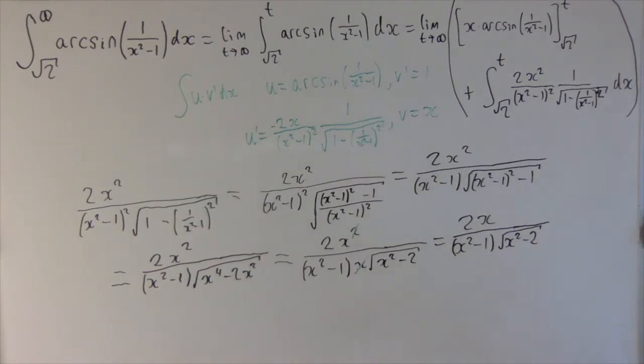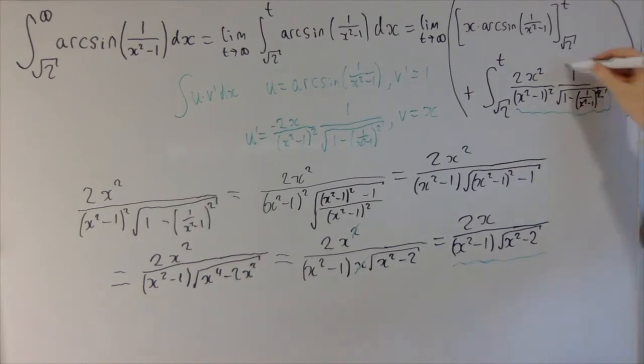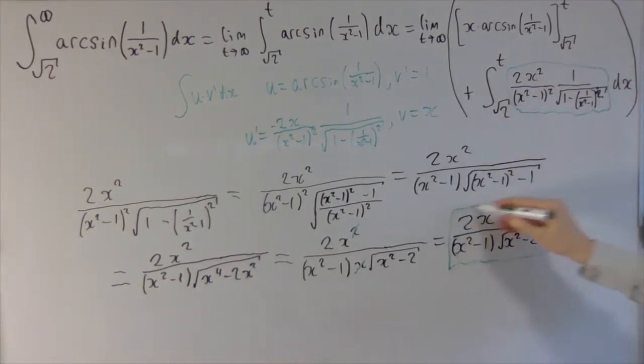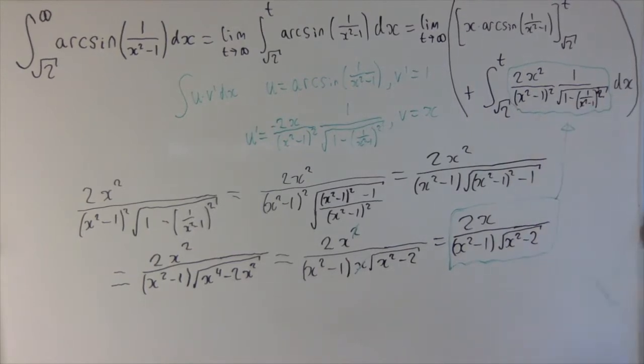Okay, so that is equal to this entire integrand here. So now what we'll do is we'll replace this in the integrand, I'll clean the board, and then we'll have a go at calculating this integral, and then eventually we'll take the limit as t goes to infinity as well.